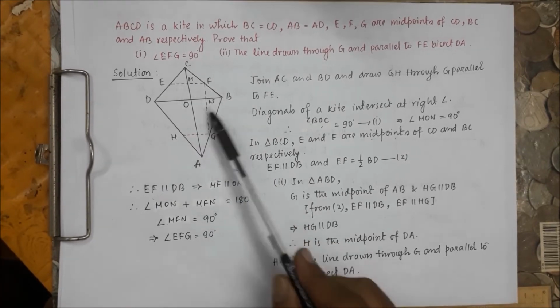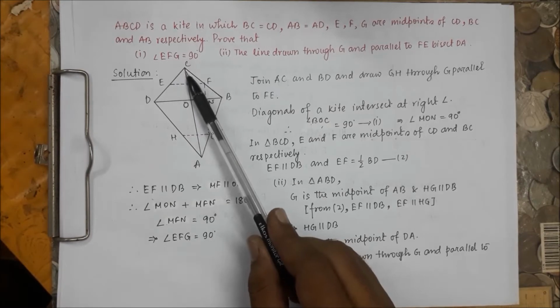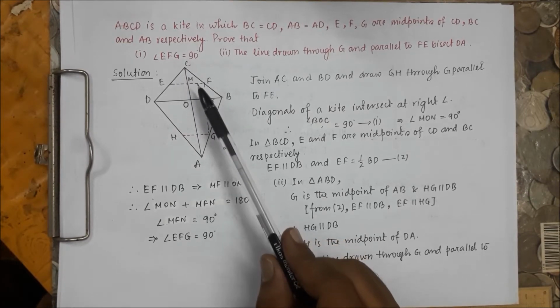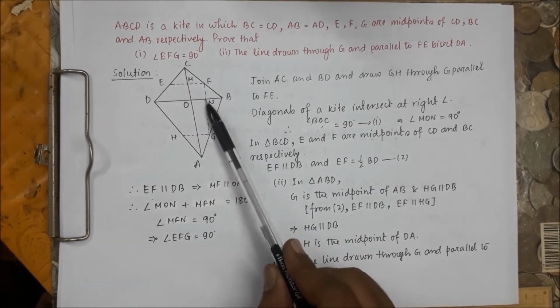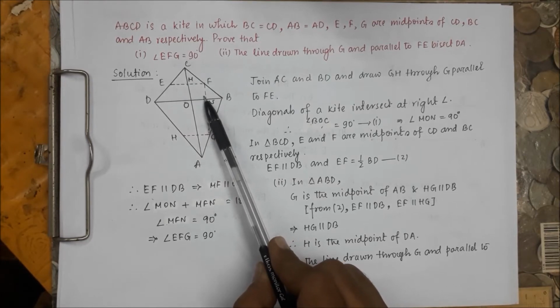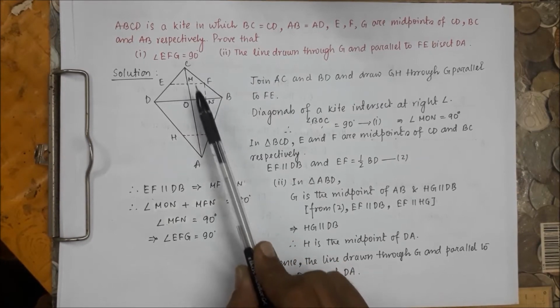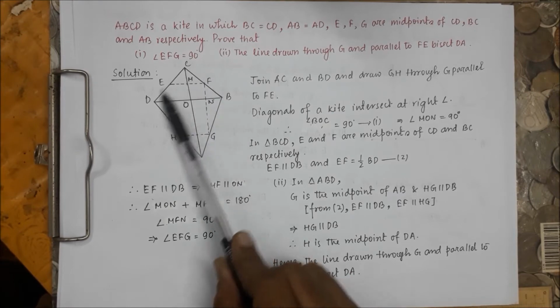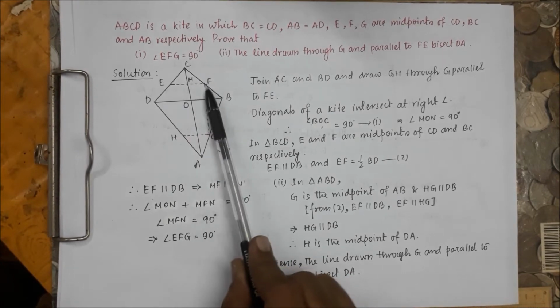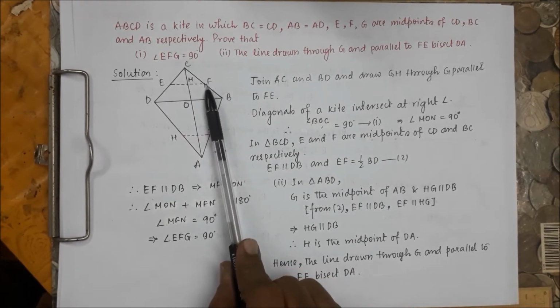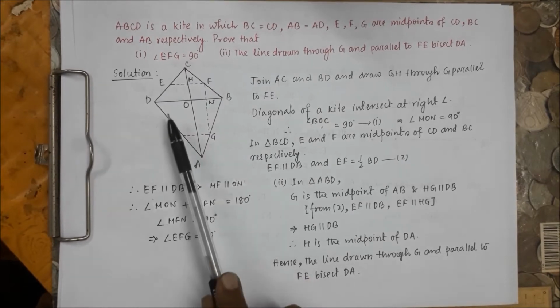Therefore we can say that angle BOC equals 90 degrees and angle MON equals 90 degrees.